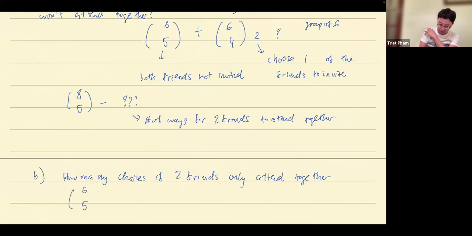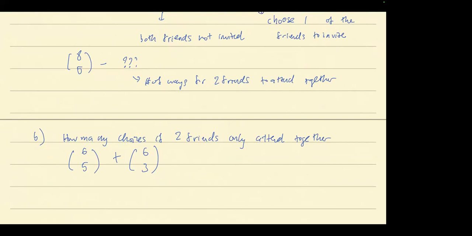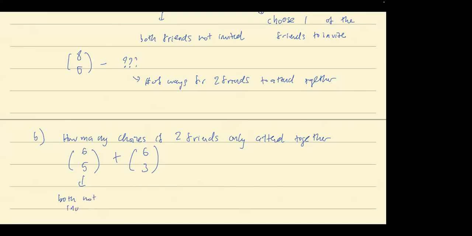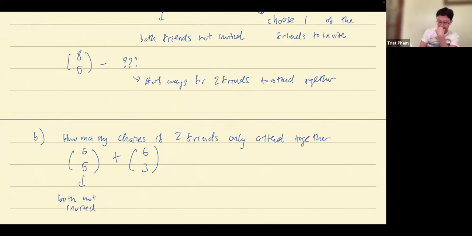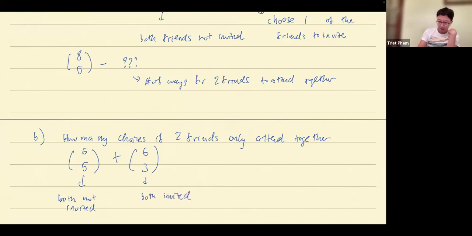Explain your reason. So the first one is both of these friends don't go. So out of the remaining 6, we choose 5 to go. So both not invited, right? Yes. And then 6 choose 3 is if both of them are invited and attend. Exactly, so they only attend together.